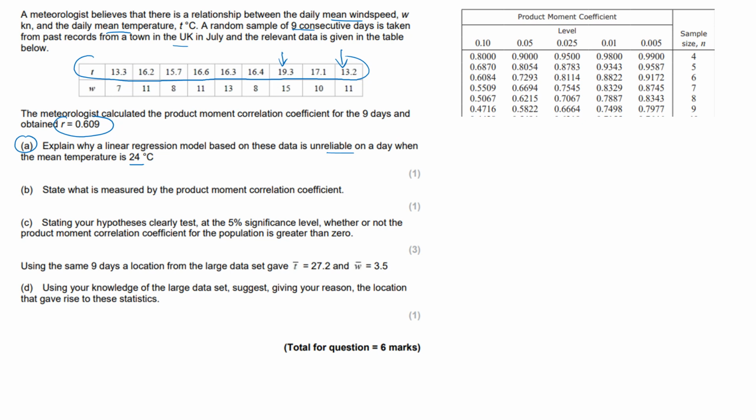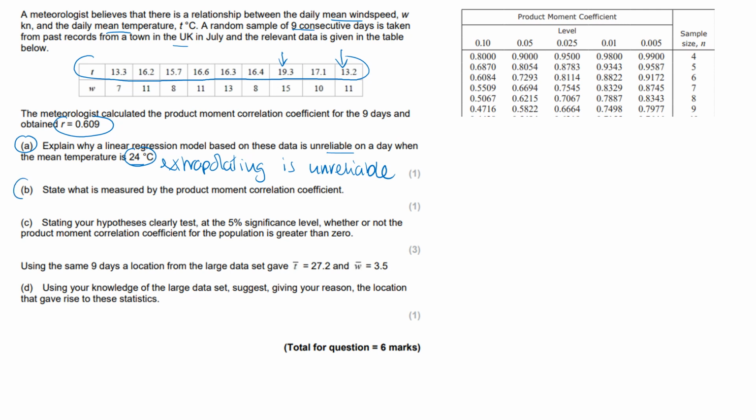So if I had this data on a scatter graph and drew my least squares regression line, you would have to extrapolate that line to take any readings about 24. And when we extrapolate, extrapolating is unreliable because we can only draw conclusions based on the range we've got. We don't know what's going to happen to the wind speed when the temperature gets outside our range.